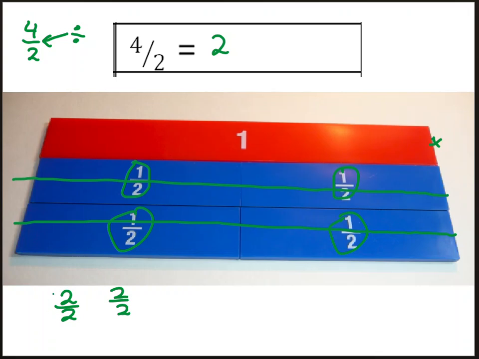Each one of these is worth 1, but 2 halves plus 2 halves equals 4 halves, right? And that's what we started with, 4 halves. But this is equal to 1 plus 1. 1 plus 1 equals 2. So 4 halves equals 2. Do you see that?